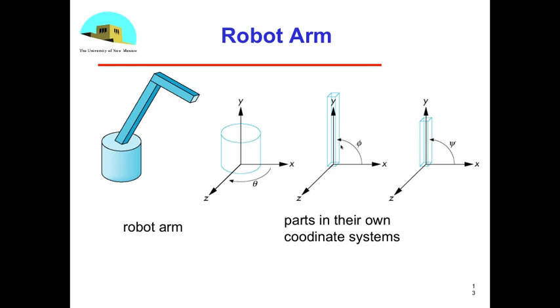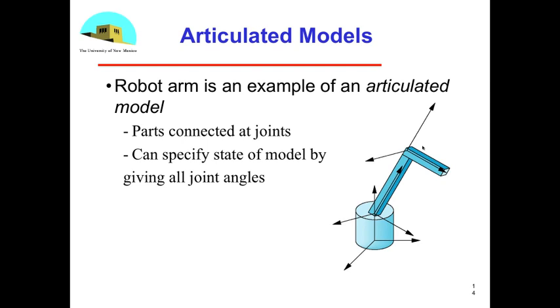In its own system, all it can do is rotate by the angle phi. And likewise, the upper arm is the same object, with a different instance transformation applied to it, and it can rotate in the same way by an angle psi. Okay, so that's known as an articulated model because the parts are connected by simple joints.